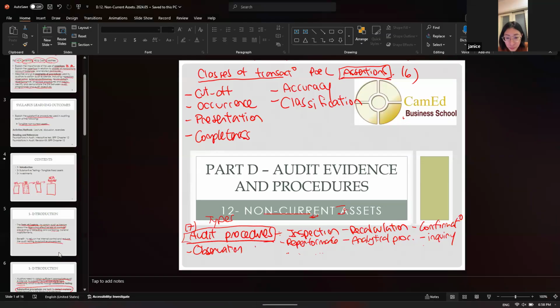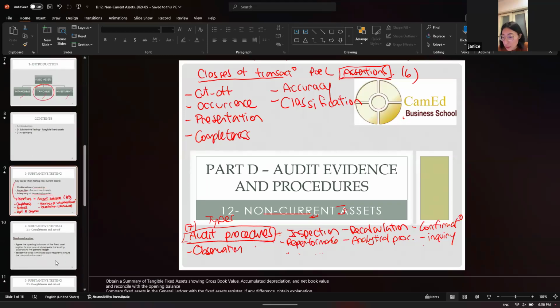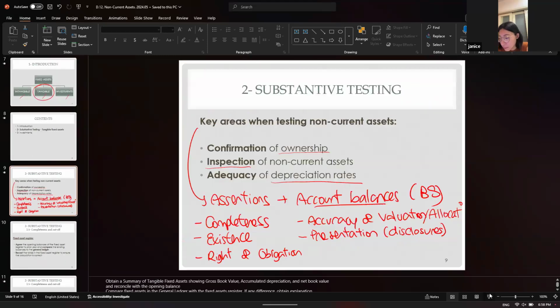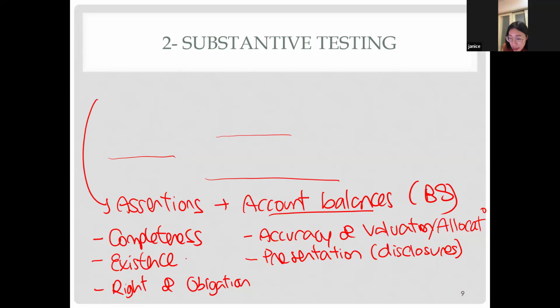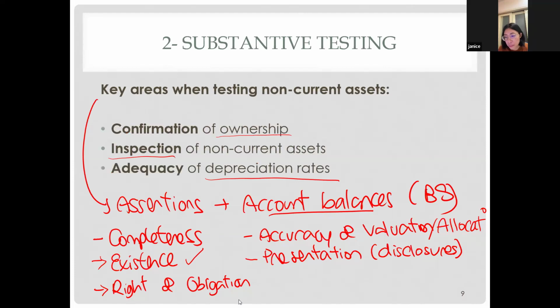Now, if we go back to our PowerPoint. So here, we verify existence. Now, let's look at rights and obligation. What does rights and obligation mean?